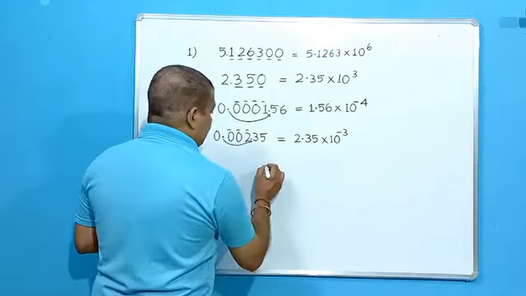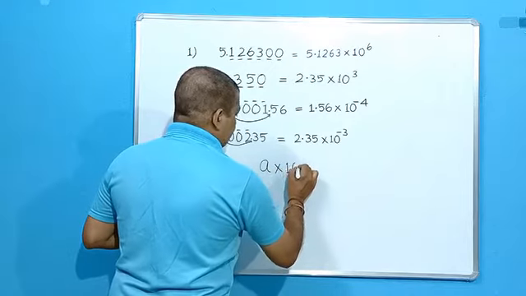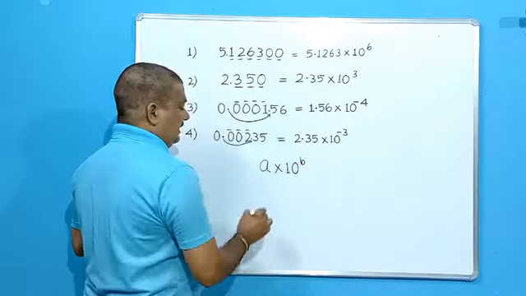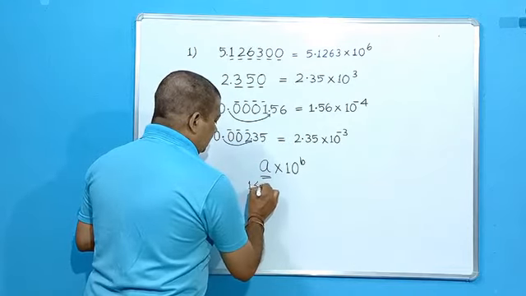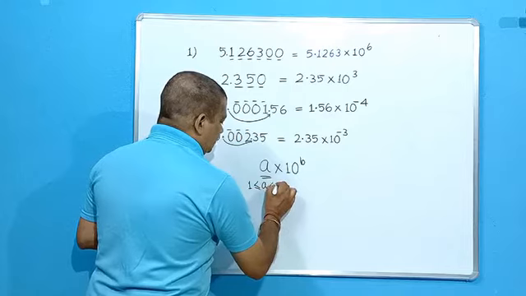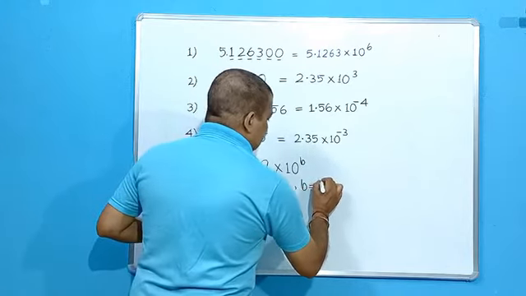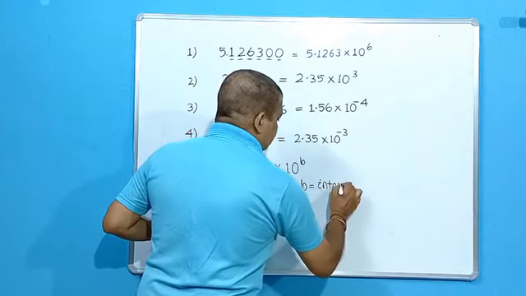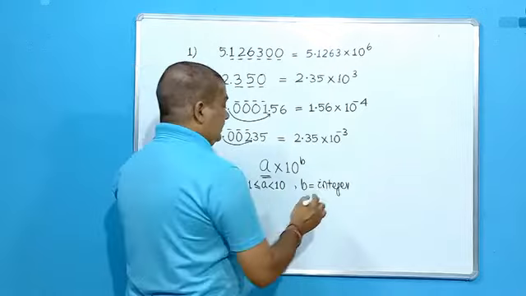So this is how we can write or convert any number in terms of scientific notation. So you have to keep this in mind. Any number has to be expressed in this form: A into 10 to the power b, where A is any value lying between 1 and 10, and b is an integer. That means the remaining has to be expressed in terms of power of 10.